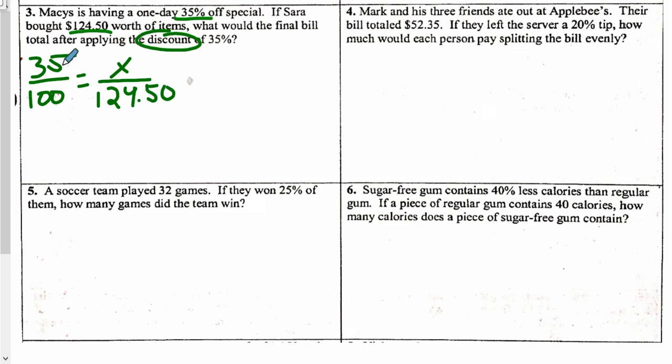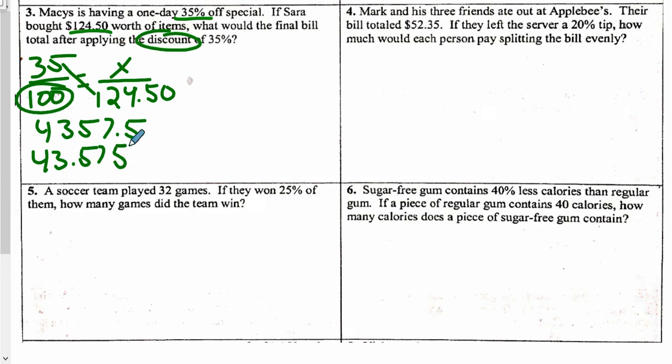So when I cross multiply 35 times 124.50, I get 4,357 and 5/10. I'm going to divide that by 100, so I get 43 and 575 thousandths. I'm going to round off to my nearest penny.